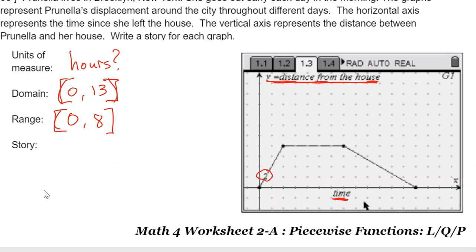And the story. What would take her 2 hours to get there? And then would take her 1, 2, 3, 4, 5, 6 hours to get home. Maybe she rode a bus to the library and walked home.